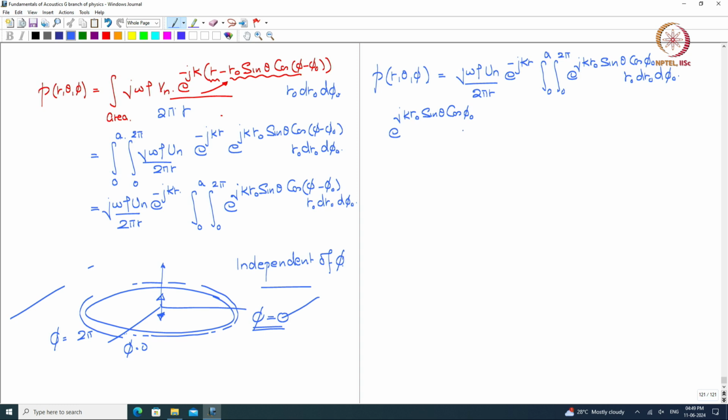This looks like cos of (k r0 sin theta cos phi 0) plus j sine of (k r0 sin theta cos phi 0).